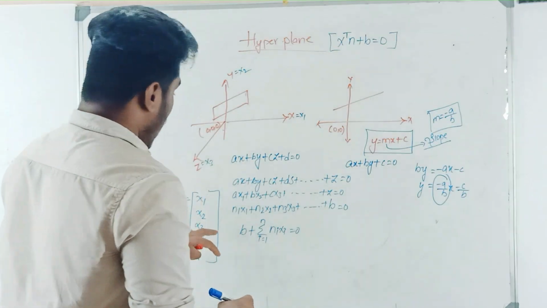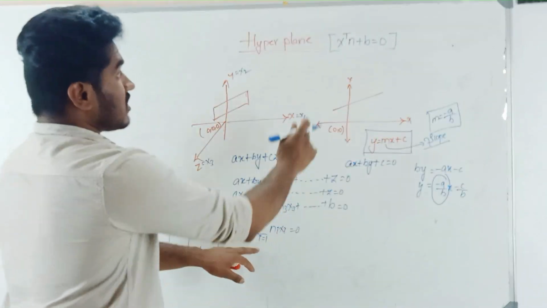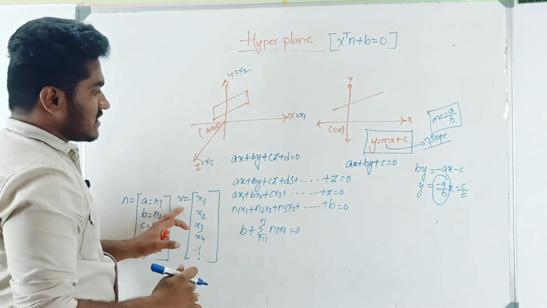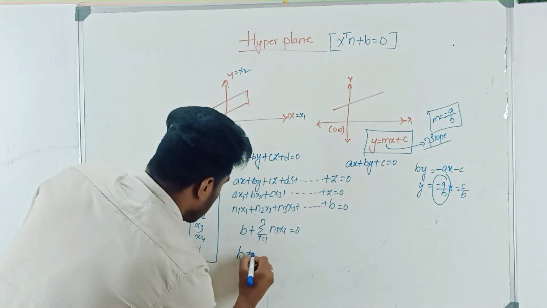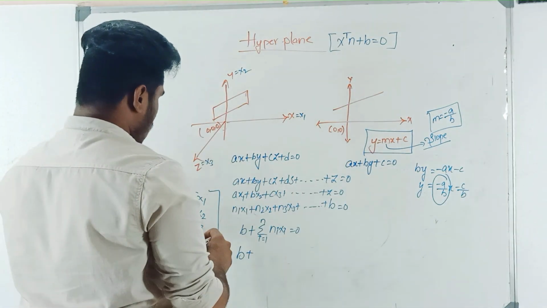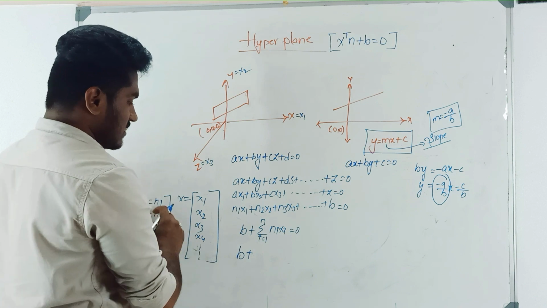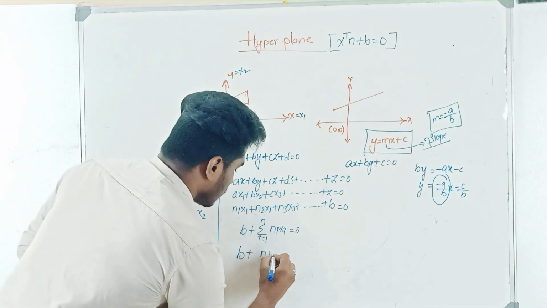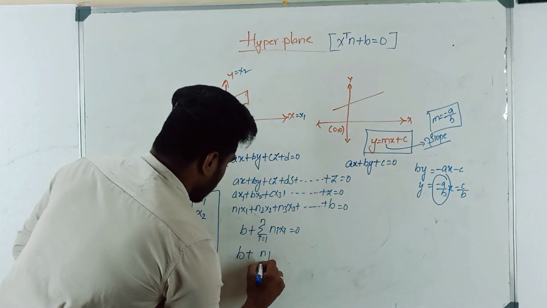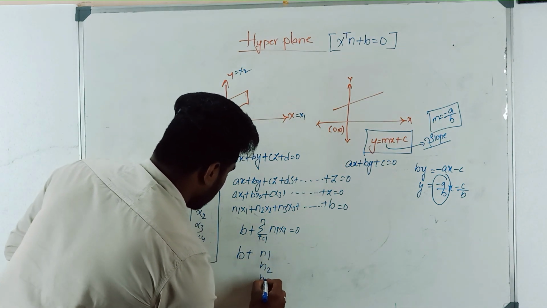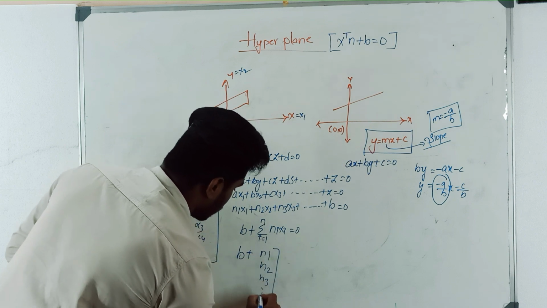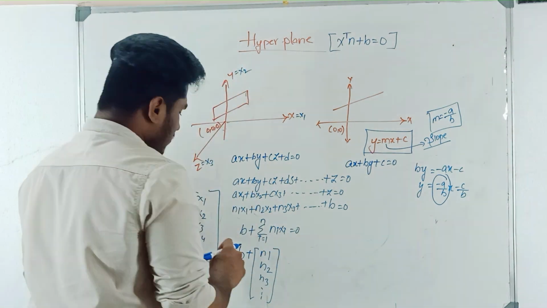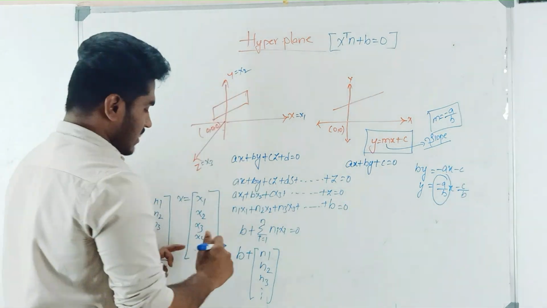Now I can replace this in the equation, right? Here x is a vector, and b is added. I'll write this vector n as n1, n2, n3 and so on, multiplied by the transpose of x.